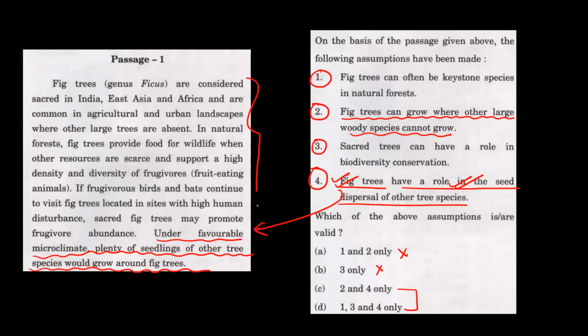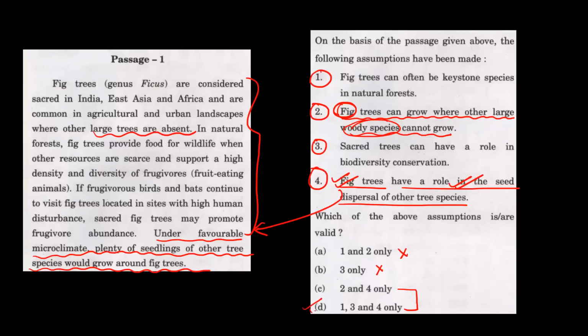Is the passage saying that fig trees can only grow where the other woody trees cannot grow? No, it is not saying that. It is just saying that fig trees can grow in those areas also where other trees are absent. So the answer is 1, 3 and 4.